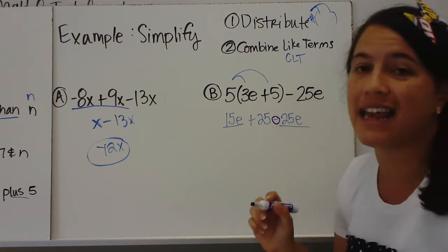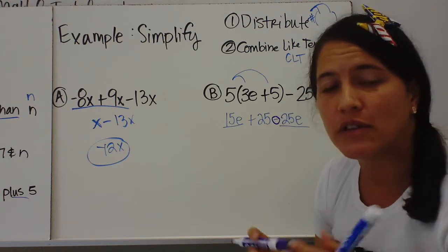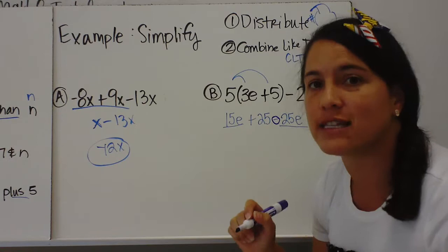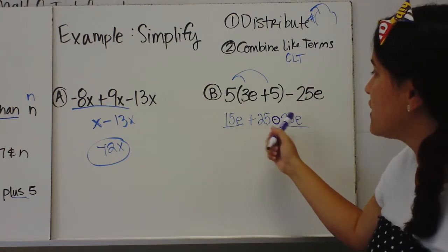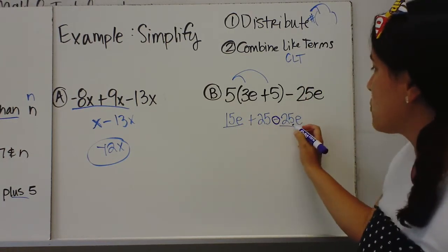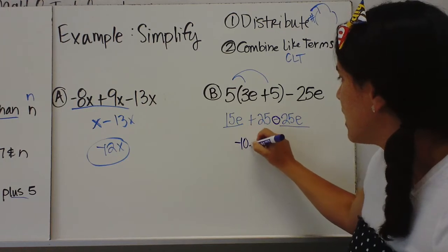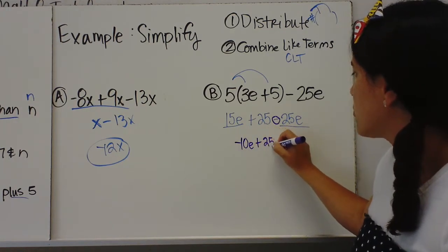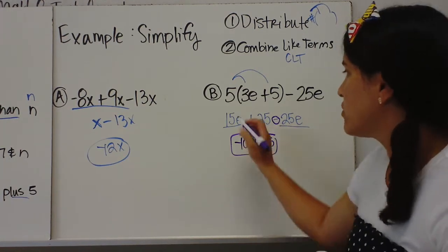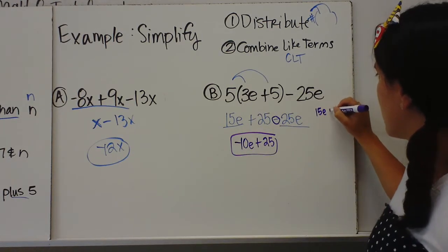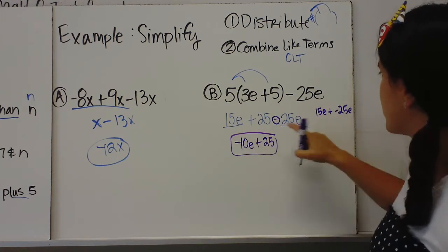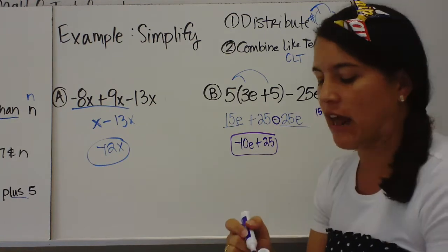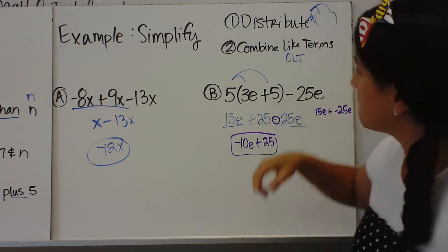Remember, this really means negative. But this is 15 e's and negative 25 e's, which would give us negative 10 e's plus 25. So 15 plus negative 25, because that's really negative. That's where I got the negative 10 e's from.